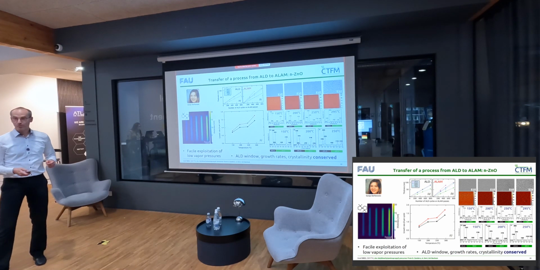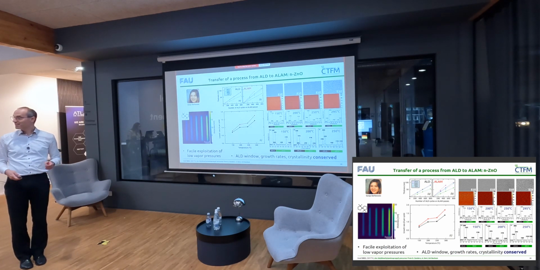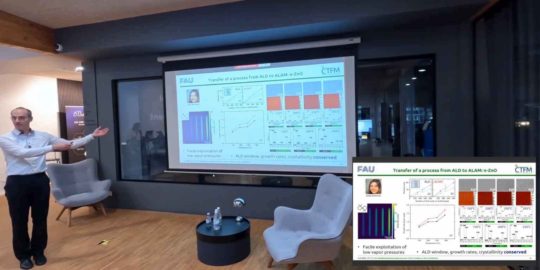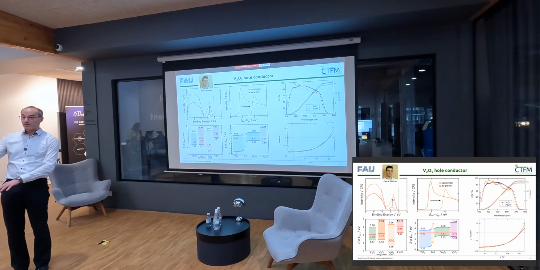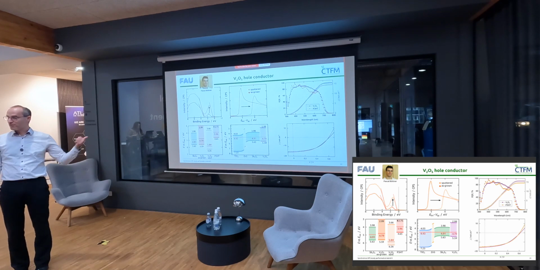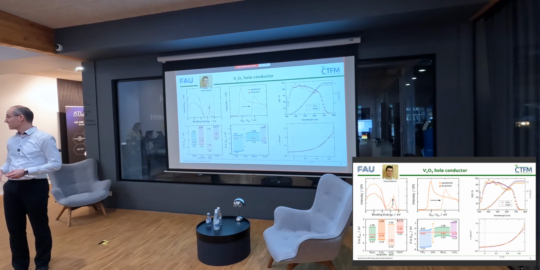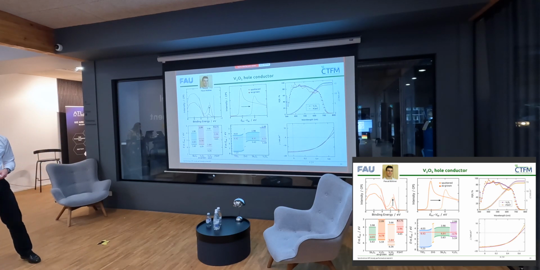And I think that's important for people who come from the ALD community, because we know that it's all transferable now. But if you want to actually make the full solar cell stack with ALAM, then you cannot use a polymer like we used in the previous examples. We need a hole conductor that is also compatible with atomic layer manufacturing.